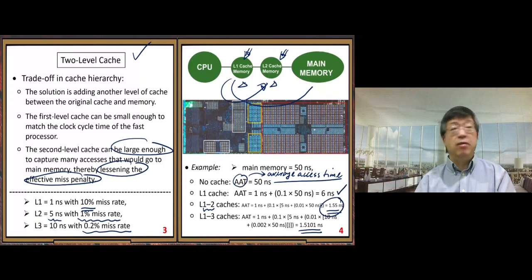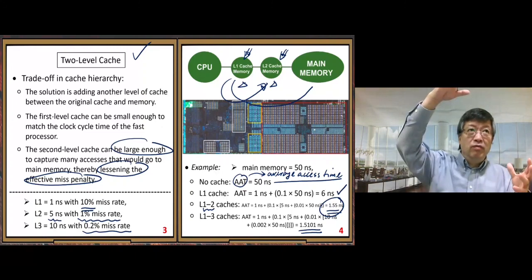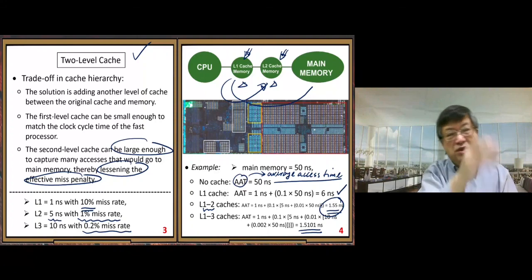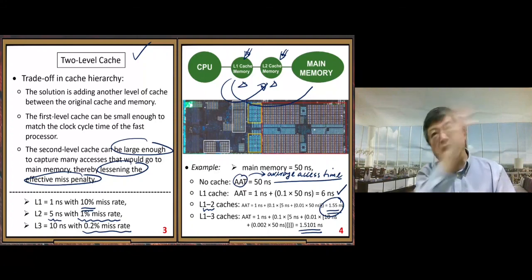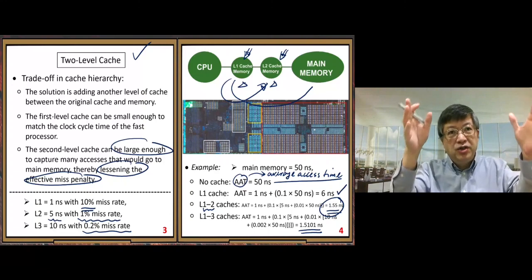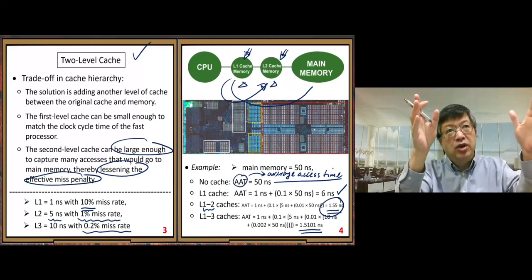This kind of access time is already really good, right? Only for much larger systems may you need to use three-level caches. All right, so we finish this C.1 introduction part.